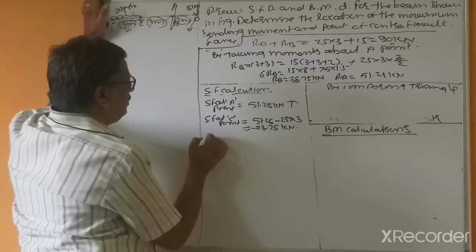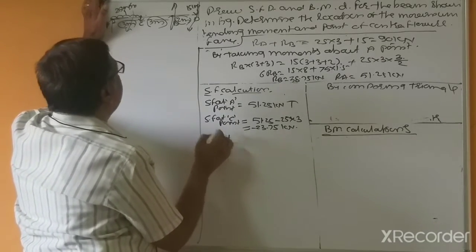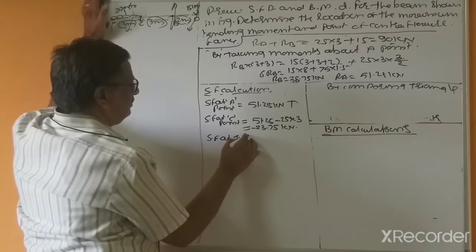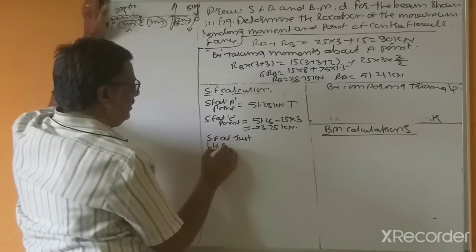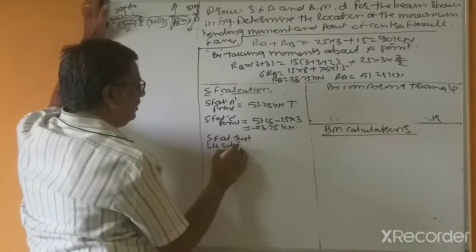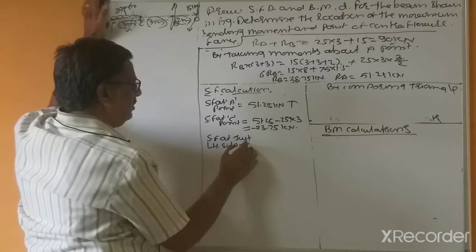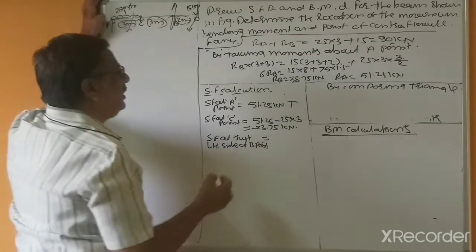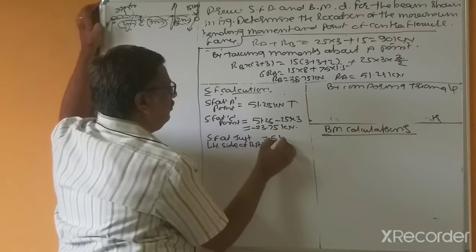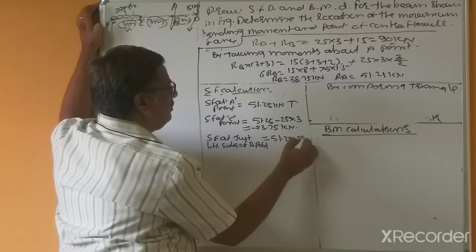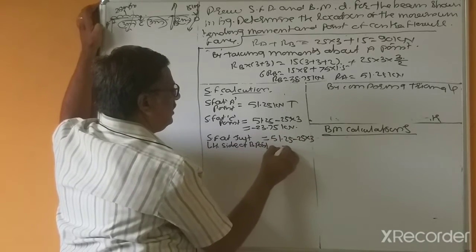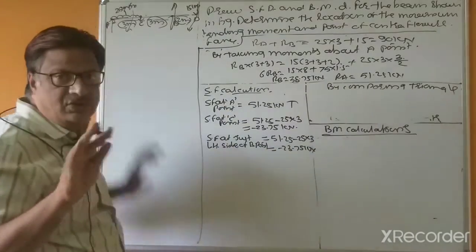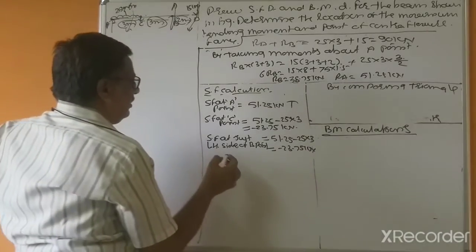Now the shear force at just the left hand side of B point is equal to RA, 51.25 minus 75, this is again 23.75 kilonewtons, because between C and B there is no force acting.